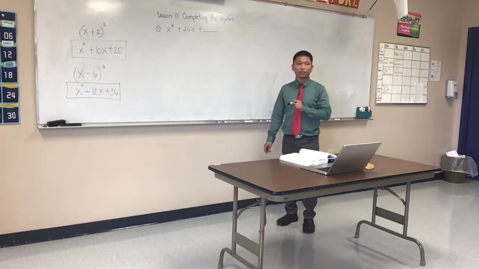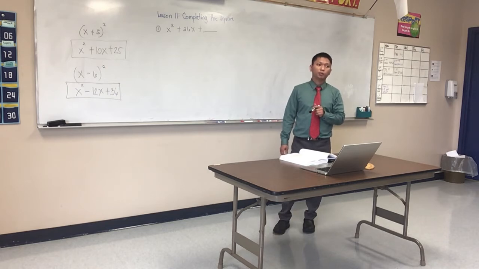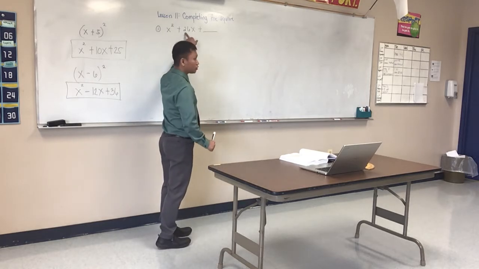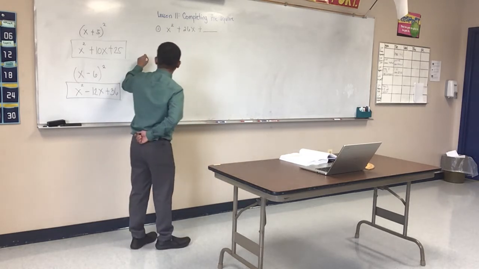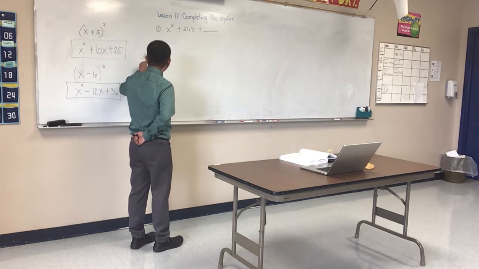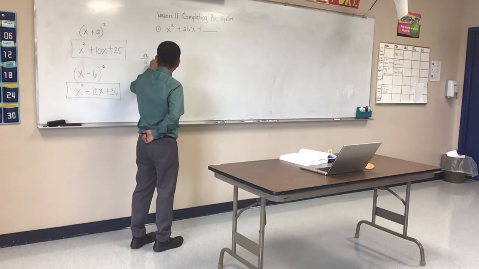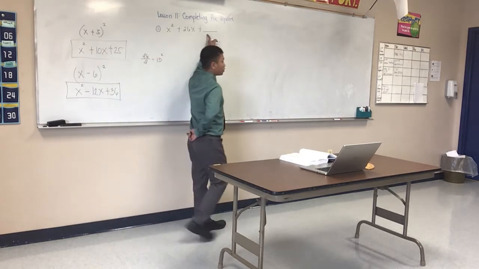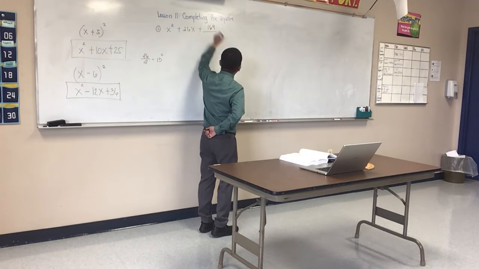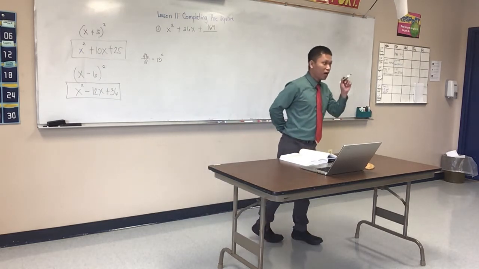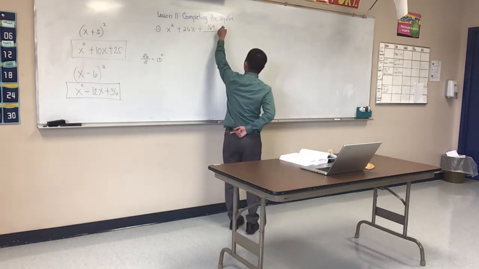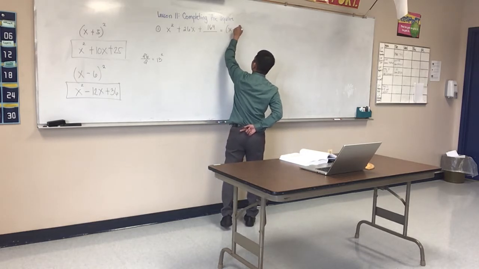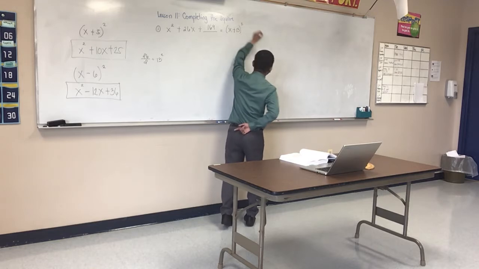How did you get 13? Just divide 26 by 2. We get the middle term, divide by 2, so 26 divided by 2 is 13, and then we square 13. That's 169, so this would be our last term. Let's check: this is x plus 13 squared.